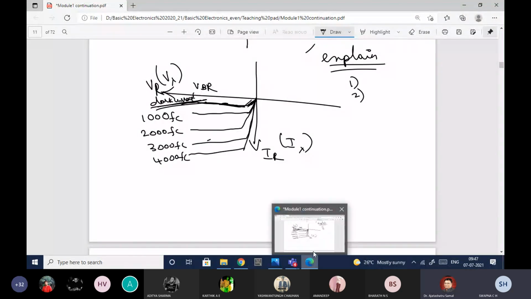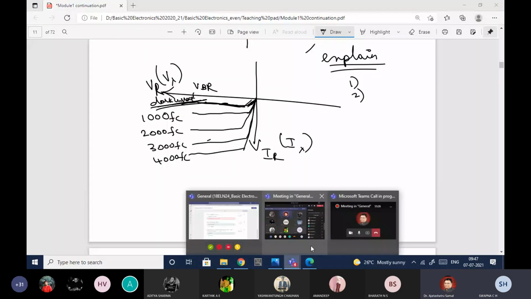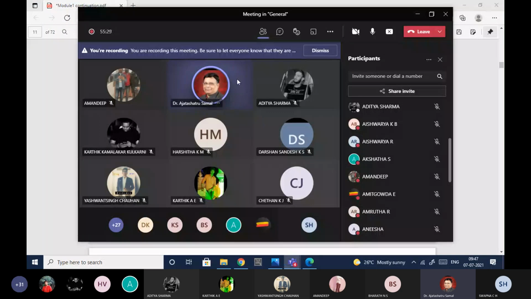Any materials you are using today, ma'am? My own notes, sir. Which book are you referring to, madam? Kothari, sir. Okay, ma'am. Ma'am, can I interact with the students for 2 minutes? Yes, sir. No problem.